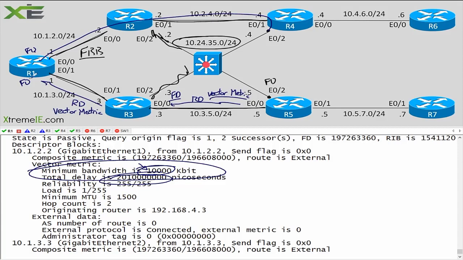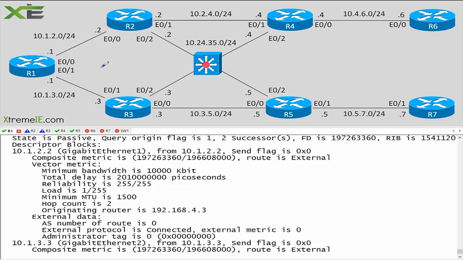Now, by default, right now, these guys are going to be equal. So router 1 sees that he can send traffic either to router 3, or he can send traffic to router 2 in order to reach this prefix. But now let's say that something happens where router 5 is not a successor, right? Because this is what we would call our best next hop. So by default, if we have a successor, this successor is going to go into the RIB, right?